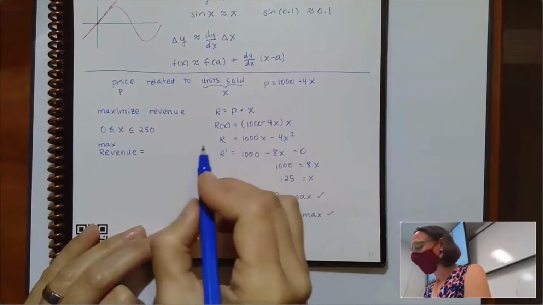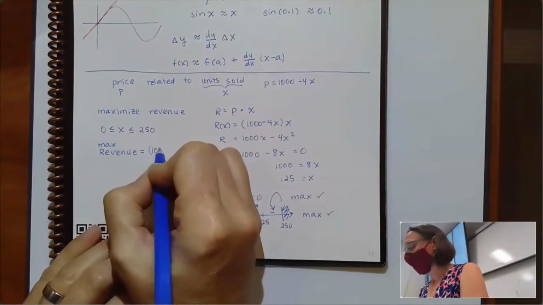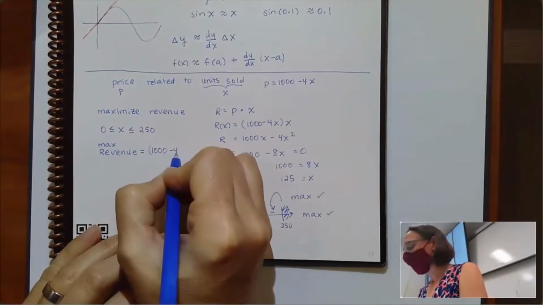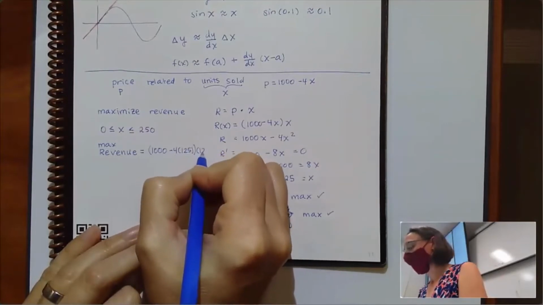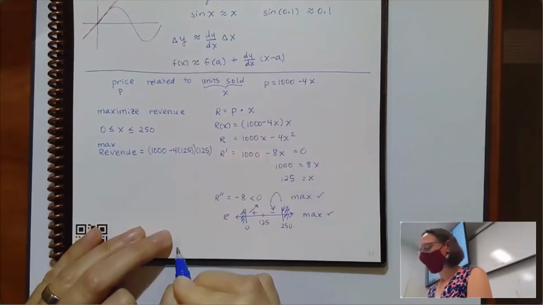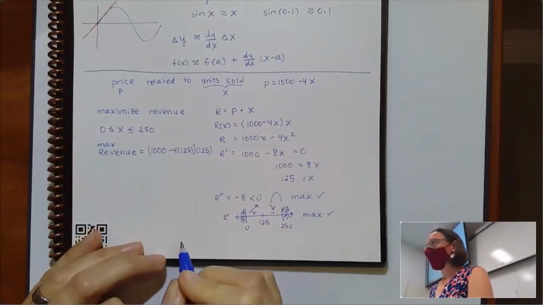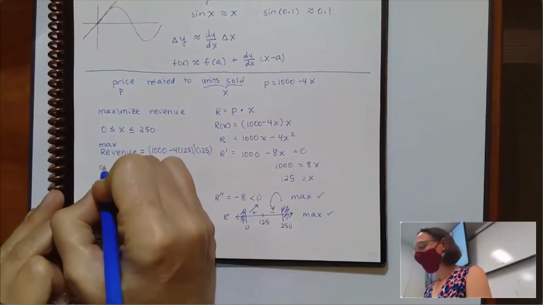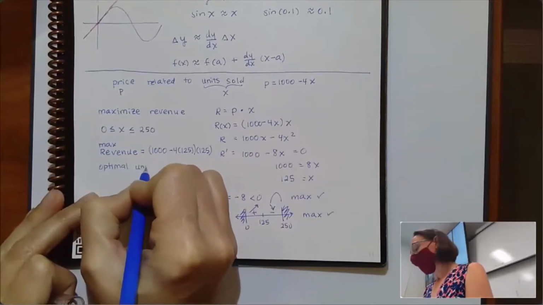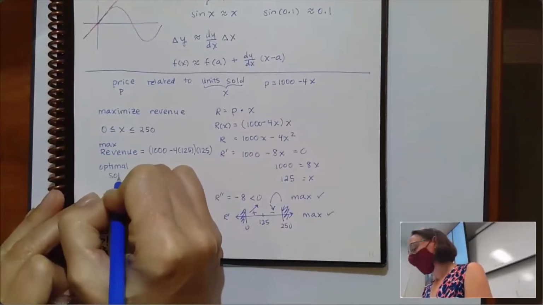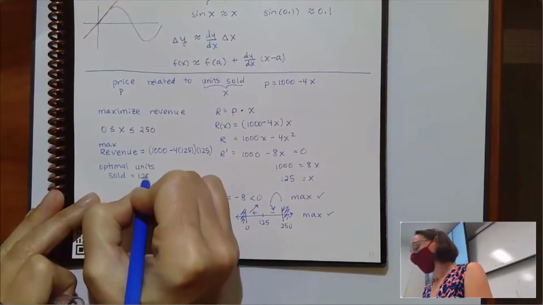So our maximum revenue here would be 1,000 minus 4 times 125, all times 125. And our optimal units sold is 125.